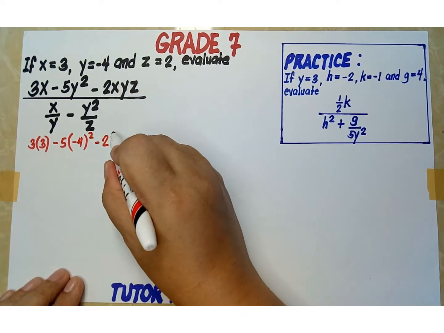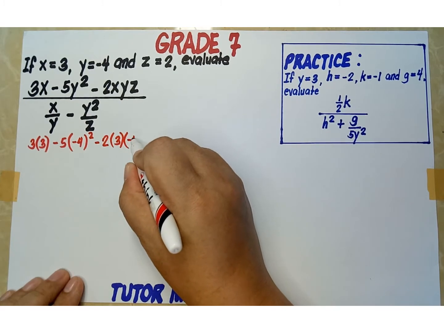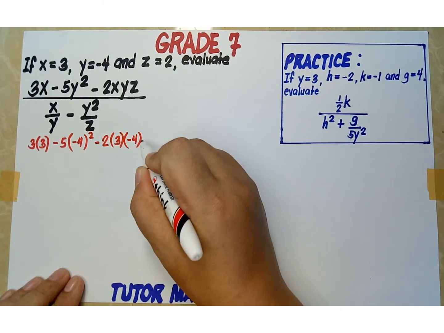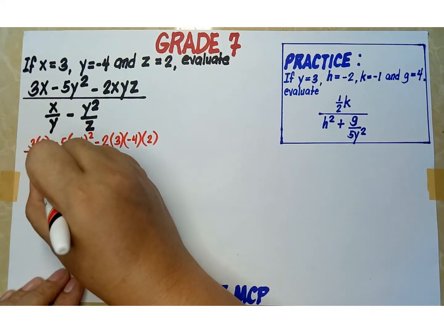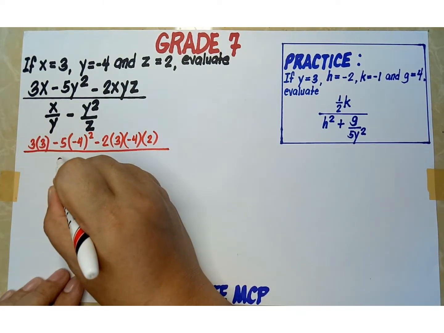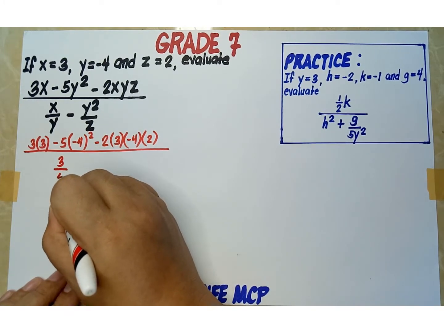Replace x with 3. Replace y with -4. Replace z with 2. All over, replace x with 3, replace y with -4.